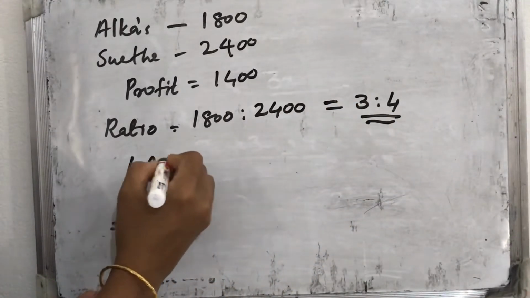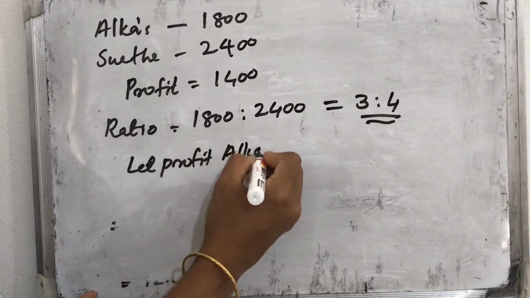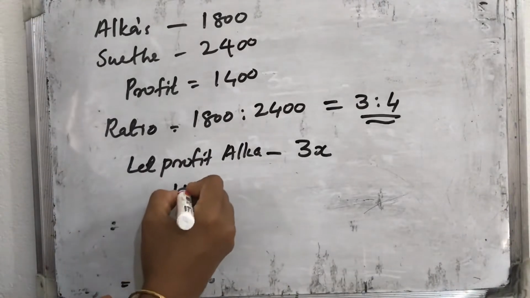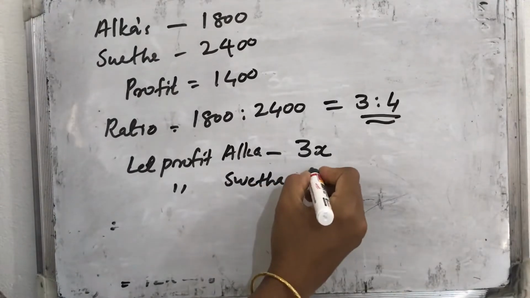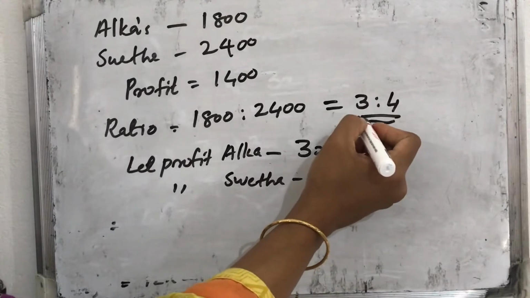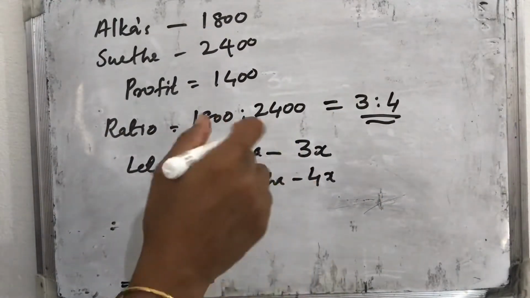Let the profit for Alga be 3x, and let the profit for Shweta be 4x. Clear? Because the ratio is 3 is to 4, and now the profit also they want to divide in the same ratio.